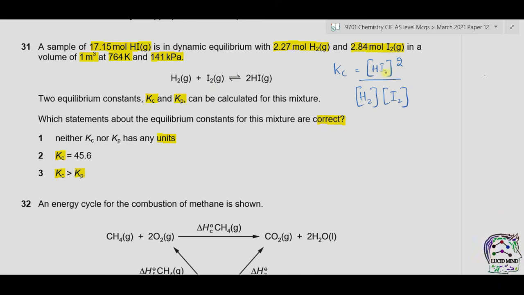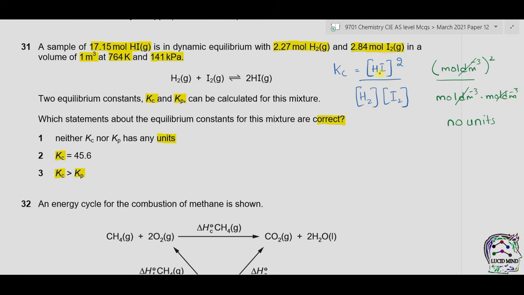Now the unit of concentration is mole per decimeter cube, so we can write mole per dm cube squared, divided by mole per dm cube for hydrogen and mole per dm cube for iodine. This will cancel out, so there are no units for this Kc value.